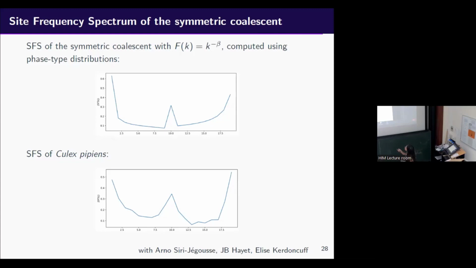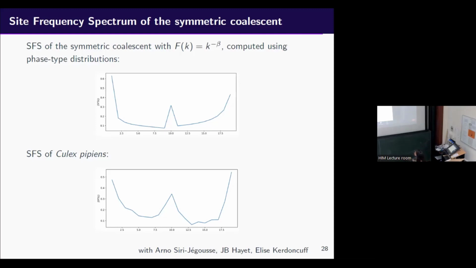We realized that normally the site frequency spectrum of the Kingman coalescent, for example, decays like 1 divided by x. Here, when we have the symmetric coalescent, we have peaks appearing in the site frequency spectrum. Depending on the sample size, you can have more or fewer peaks. So it becomes a peaky site frequency spectrum. And here is some data that I stole from Elise Cardon-Cuff, a colleague of mine.